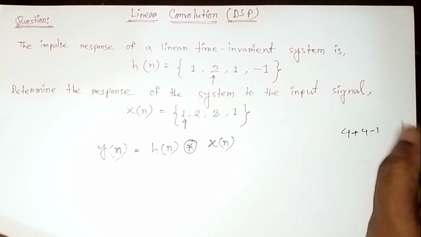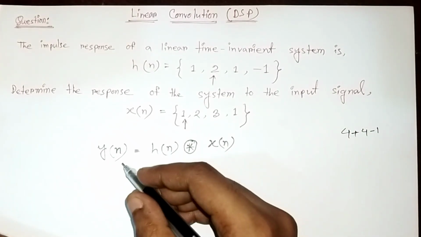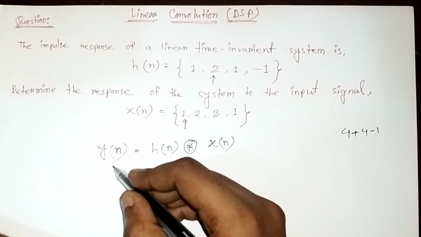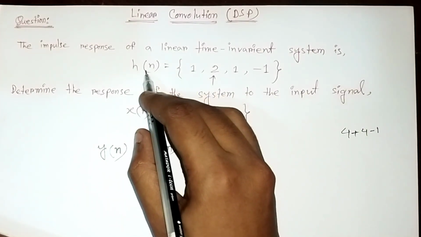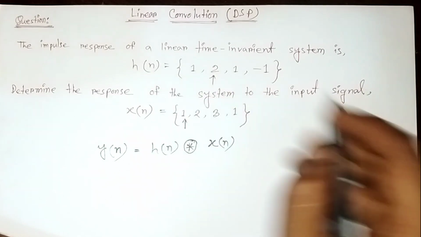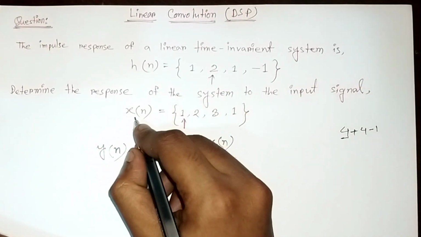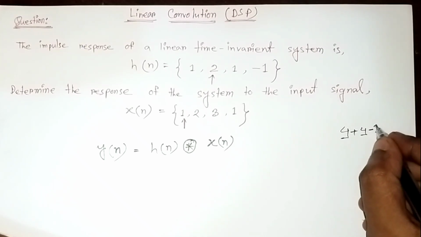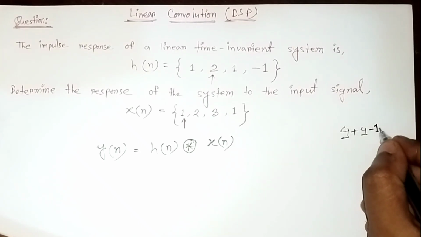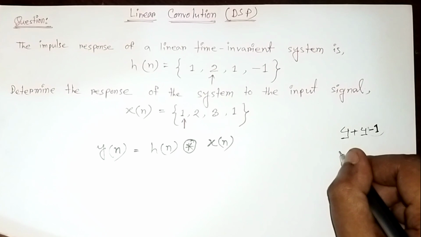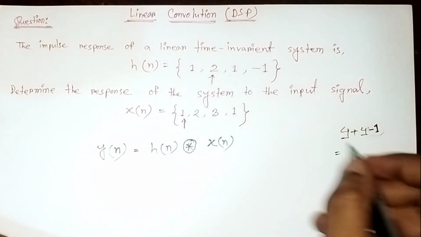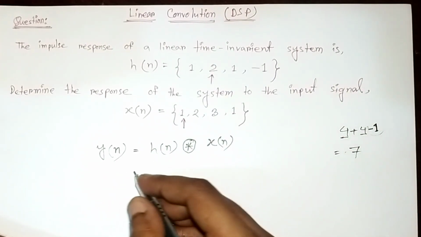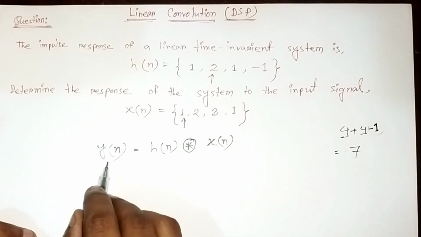This is basically a formula to find the number of components in the output sequence: the number of components in the impulse sequence, that is 4, plus the number of components in the input sequence, that is also 4, and minus 1. You have to add minus 1 at the end. So this will give us, in this case, 7. So there will be 7 components in the output sequence.